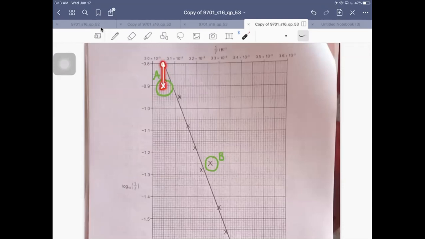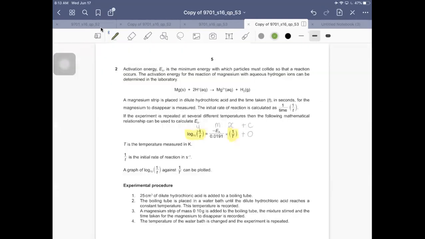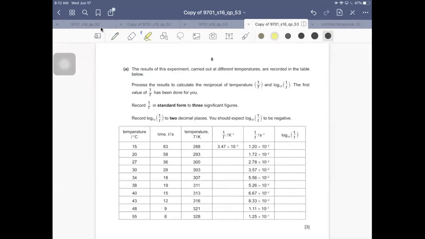Okay, reasoning. One of the reasons, let's look at the example again. A magnesium strip is added to the boiling tube, the mixture stirred, and the time taken for the magnesium to disappear. So you're taking the time taken for the magnesium to disappear. That's how you know the reaction has stopped or ended.